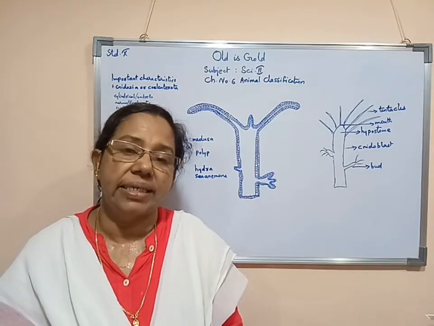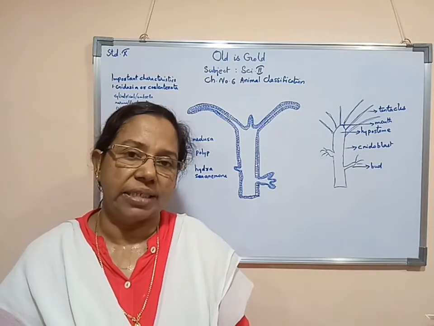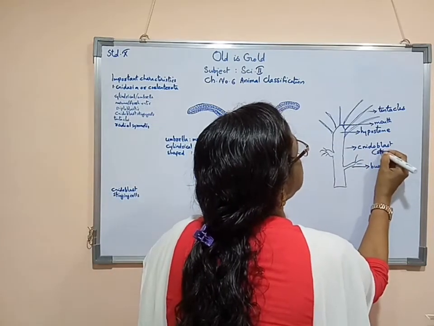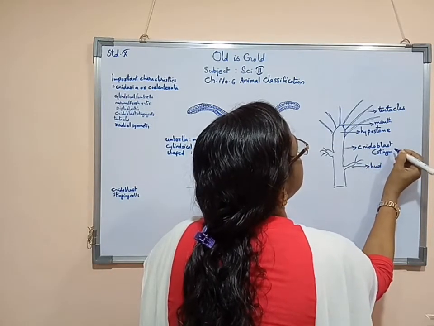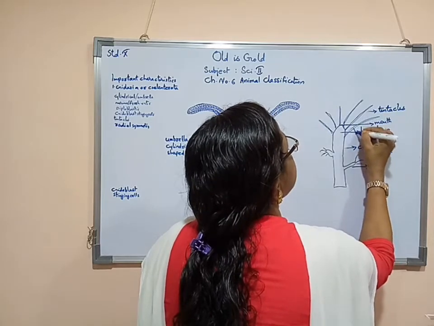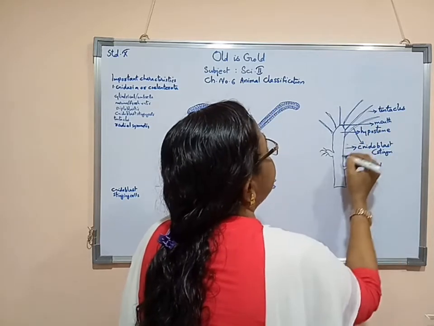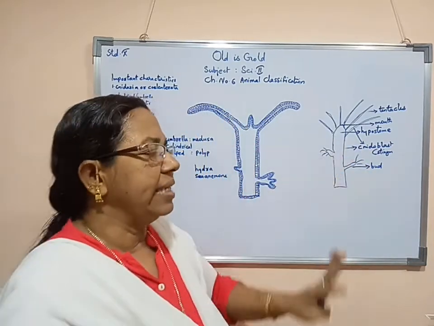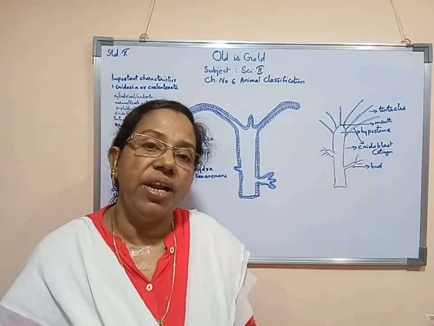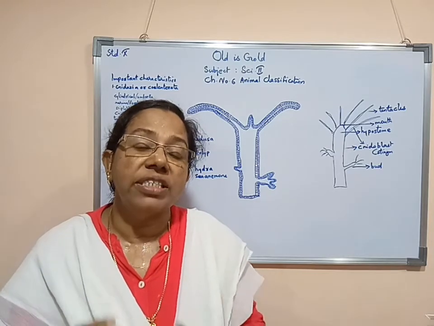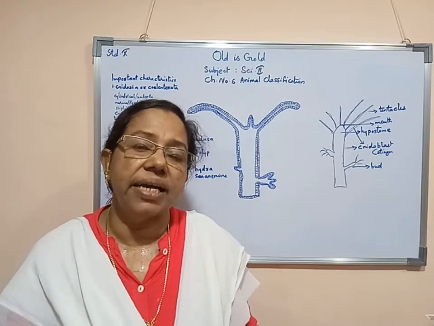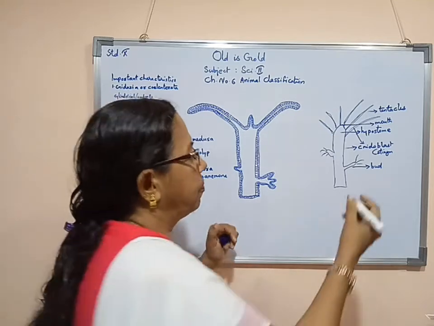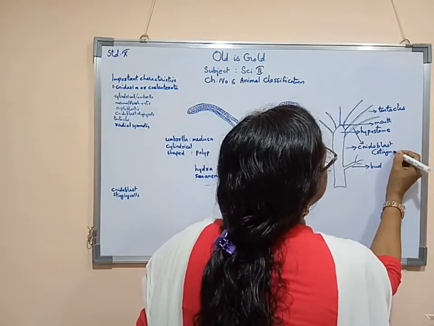Stinging cells are a speciality. On the tentacles as well as around the body of the hydra, or we can say cnidarians, there will be poison-collected cells known as cnidoblast. Now their function is stinging.